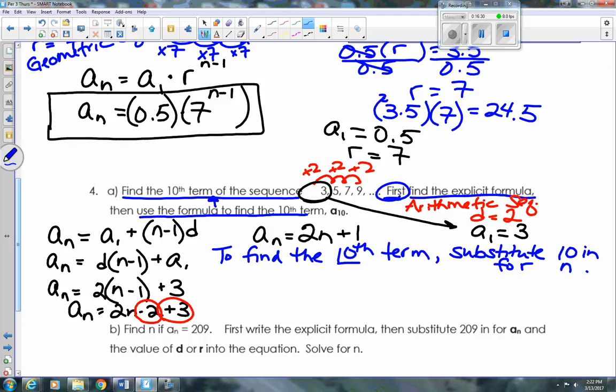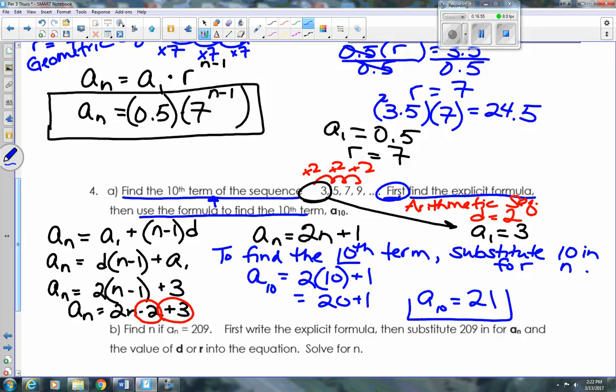If I do that into my explicit formula, a subscript 10, or the 10th term, is equal to 2 times 10 plus 1, or 20 plus 1. My 10th term, a subscript 10, is equal to 21.